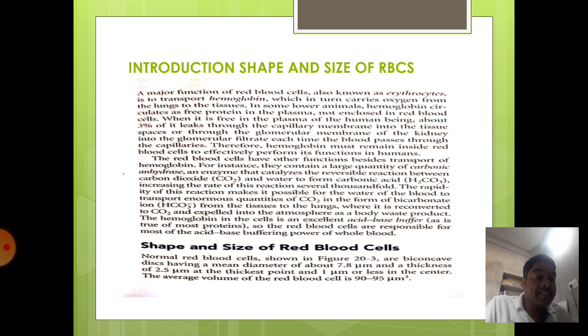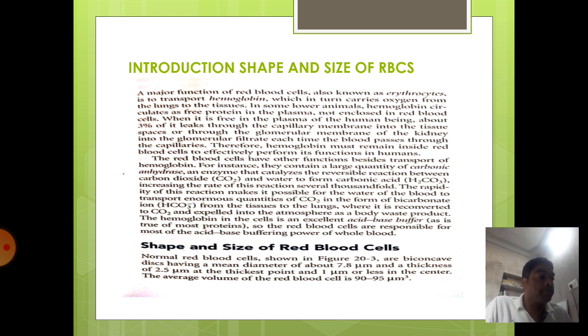It increases the reaction rate thousandfold. With this rapid reaction, carbonic acid H2CO3 is quickly formed, which again dissociates into H plus and HCO3 minus ions, bicarbonate ions.